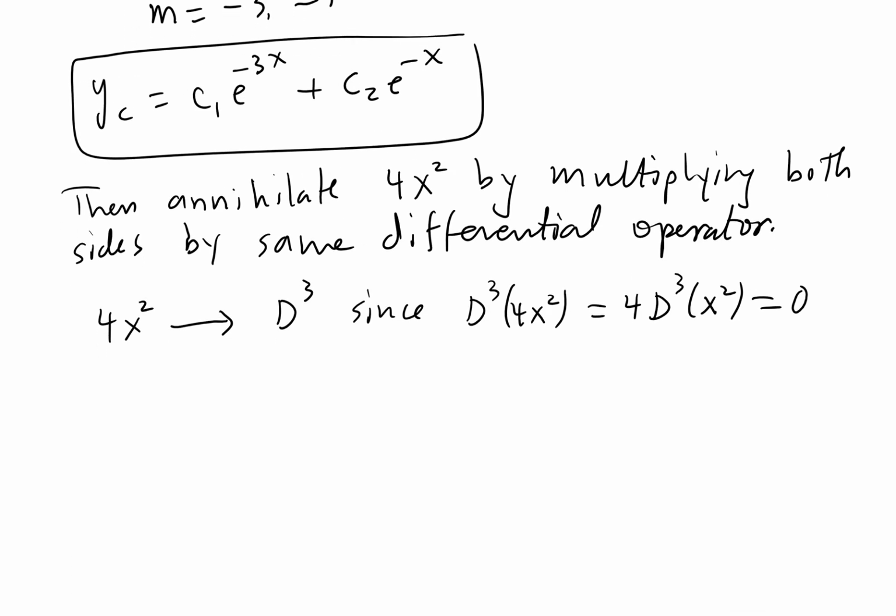If I look at the differential equation, I translate y double prime into d squared, y prime into 4d, and then 3 times y, equals 4x squared. Now we multiply both sides by d cubed.